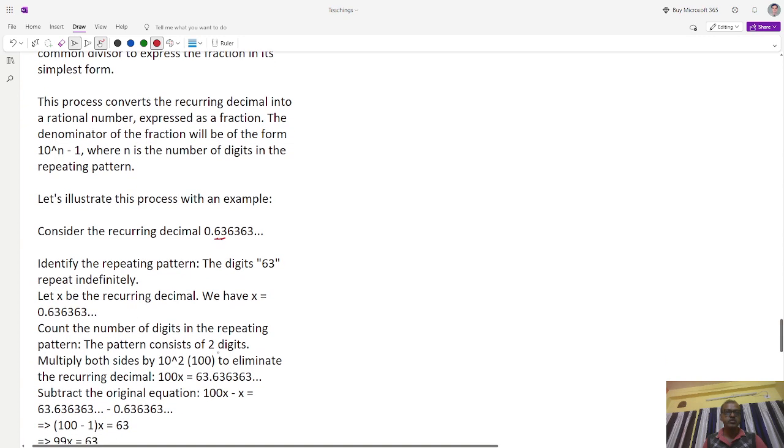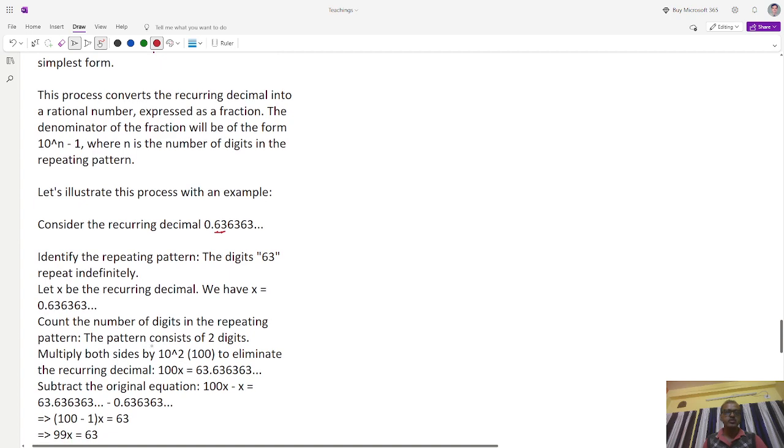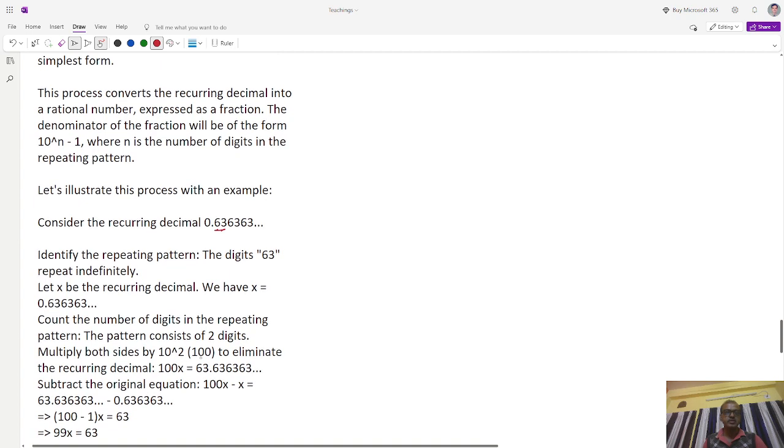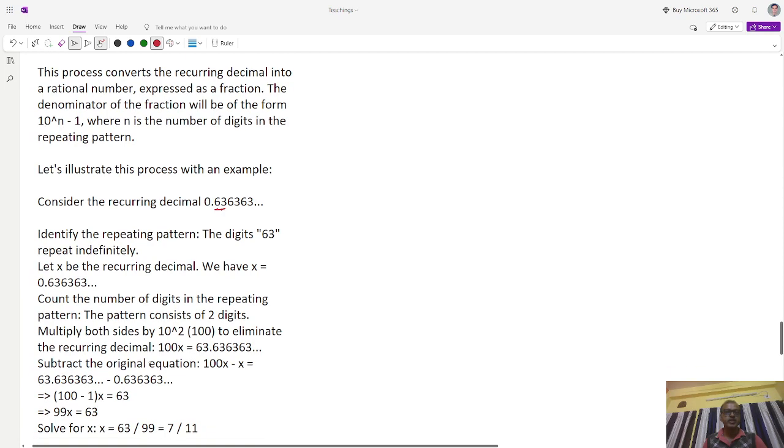So, n is equal to 2. Therefore, this should be multiplied by 10 to the power 2, that is 100, to eliminate the recurring decimal. Then what will we get? So 100x equals 63.6363 repeating, right?